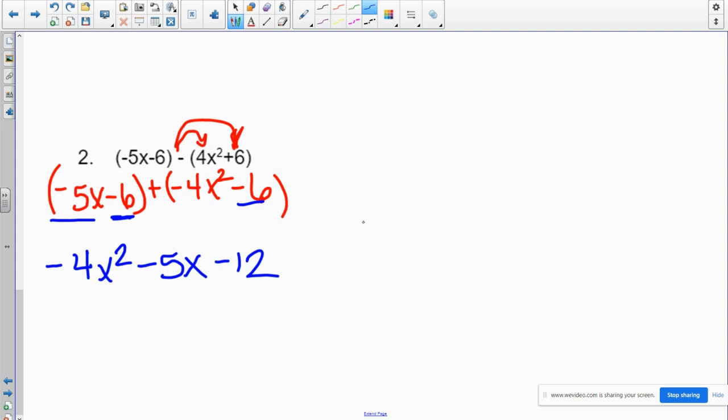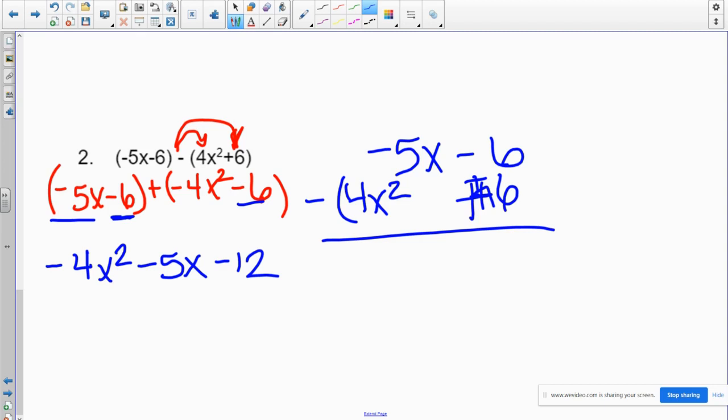If you want to do it vertically, you have negative 5x minus 6. We'll do subtraction this time. So minus, and then we have 4x squared plus 6.